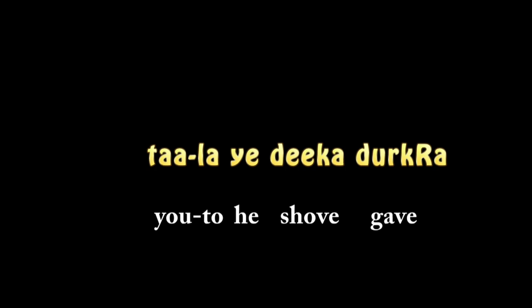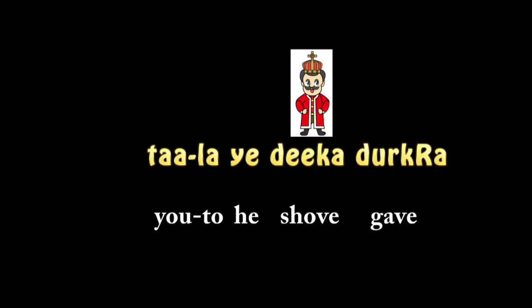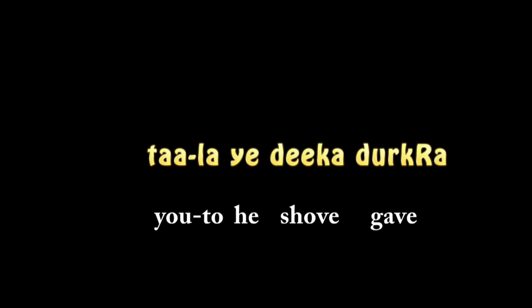Tala ye dika, the object, which is the king. So now the push, the dika, becomes in charge of the sentence and determines the verb ending, darkra, with an A at the end, darkra.